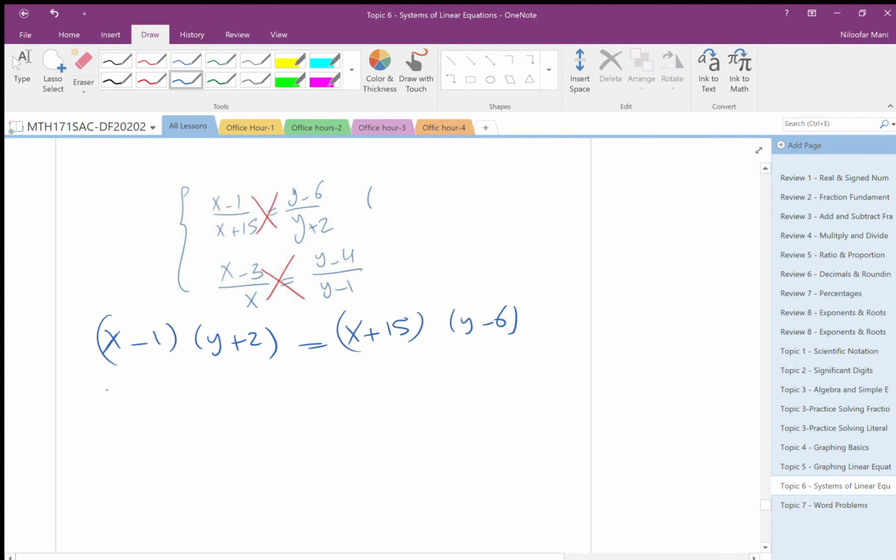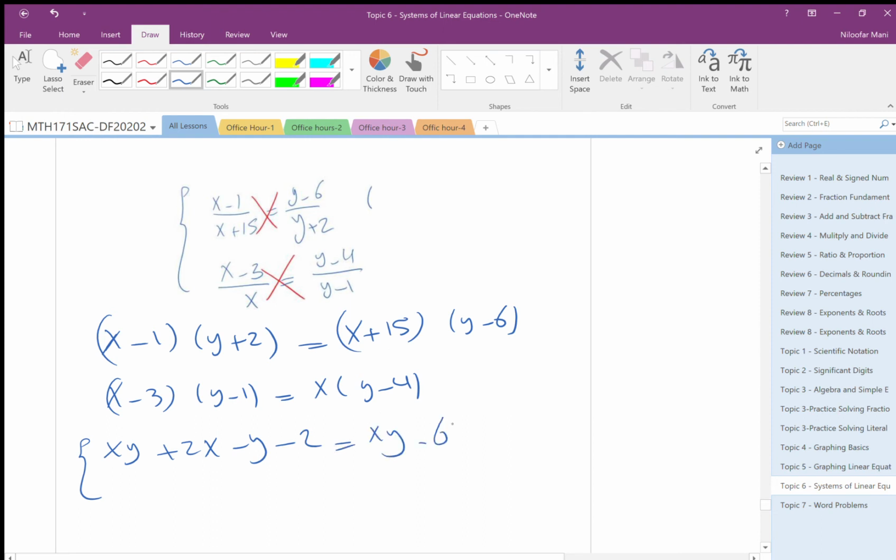Then you do x minus 3 multiply y minus 1, and then you do x multiply y minus 4. Then you simplify. So xy plus 2x minus y minus 2 equal xy minus x plus 15y minus 90. Okay, so xy minus x minus 3y plus 3 equal xy minus 4x.